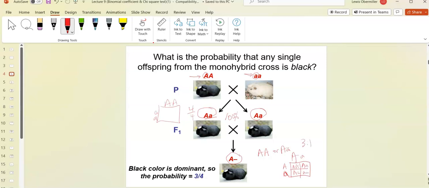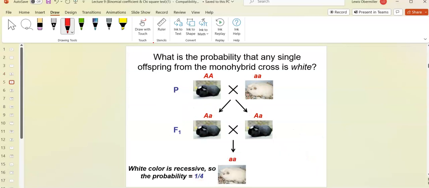And we know this from Mendel's rule. It's a 3-to-1 ratio. So we would expect 3/4 of these offspring to be black and 1/4 of these offspring to be white. So the probability is 3 out of 4. It's nothing surprising. So what's the probability that they would be white? We just did that problem, so it's 1/4.